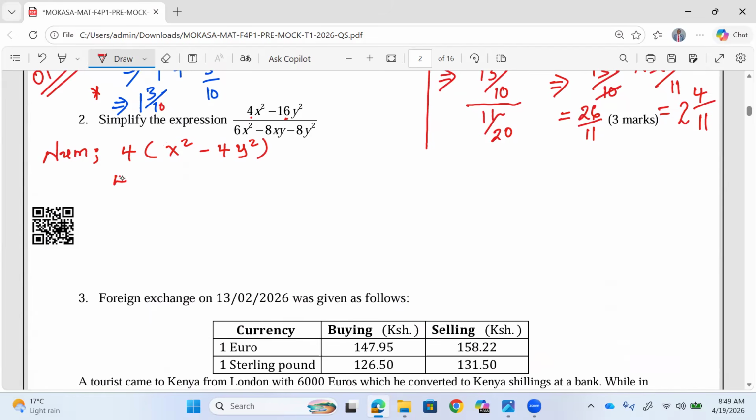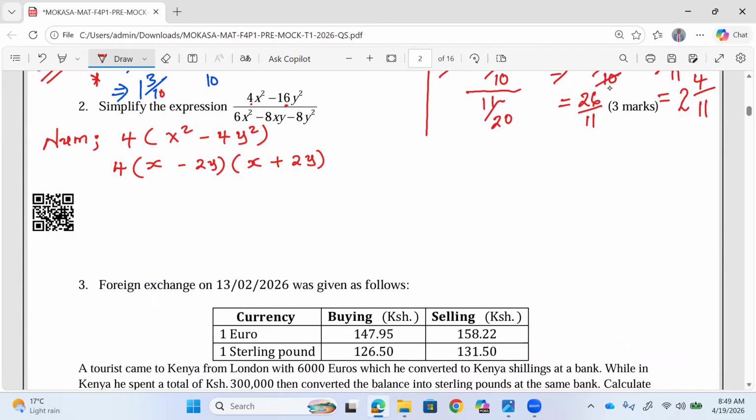So with our 4 here, now we factorize whatever is inside the brackets. We get the square root of this part, which is x, minus the square root of the second part, which is 2y. Then the same factors, but now with a plus between them. So the difference of two squares has been factorized. And with that, we'll say that the numerator is fully factorized.